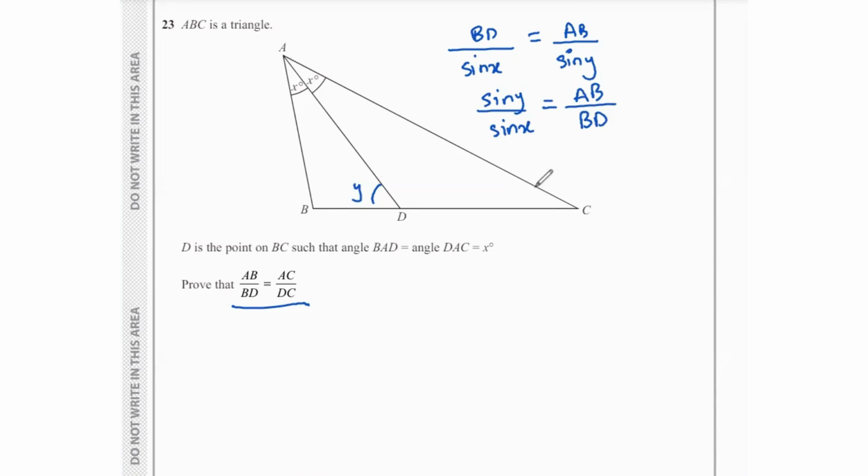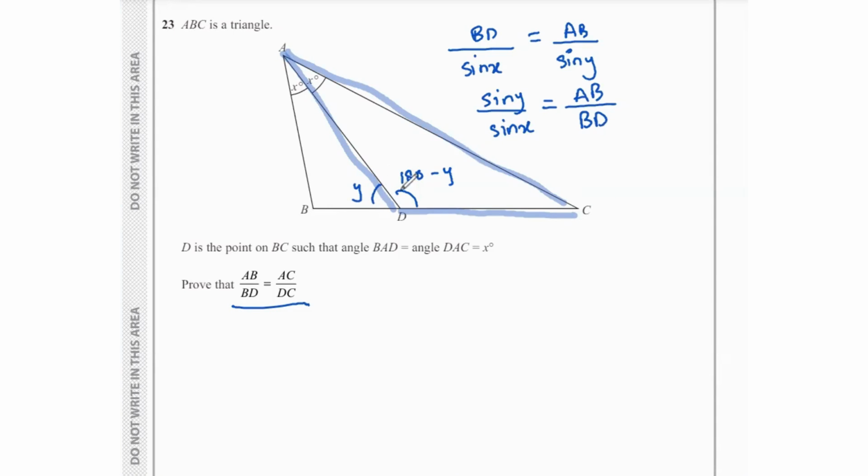Now, if you look at the other triangle, this one, for the other triangle, we say that this angle is 180 minus Y because BC is a straight line.